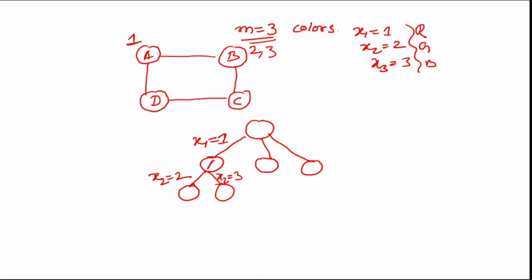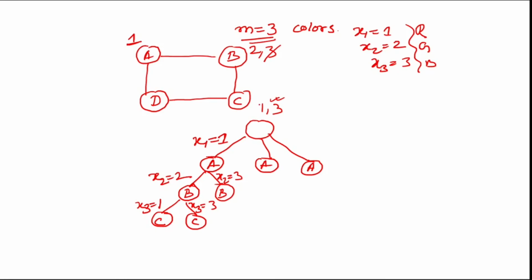So this is A and this is B. Now you have to choose C. If B is 2, then for C we have options 1 and 3. So this is C.